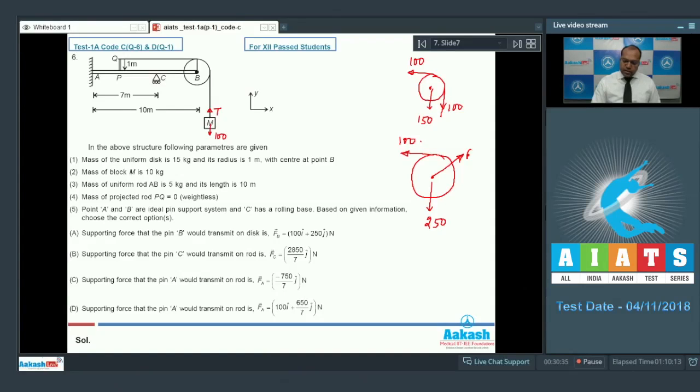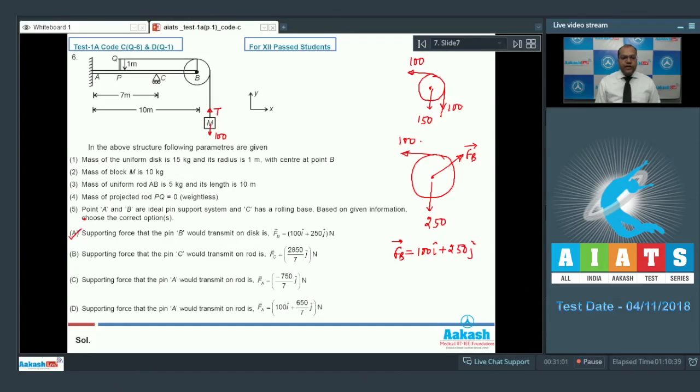So if FB is the force exerted on the disc by the pin, then FB is equal to 100 i cap plus 250 j cap Newton. So I can say that option A is correct.